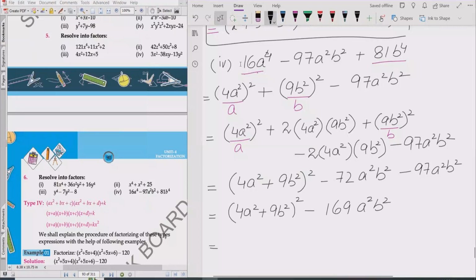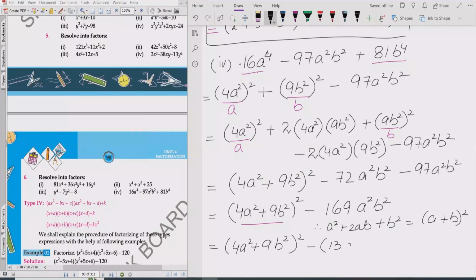So here we will first give the reference: a^2 + 2ab + b^2 = (a + b)^2. Now we have this term as a. We will arrange it this way, minus 13ab. So this is a and this is b.